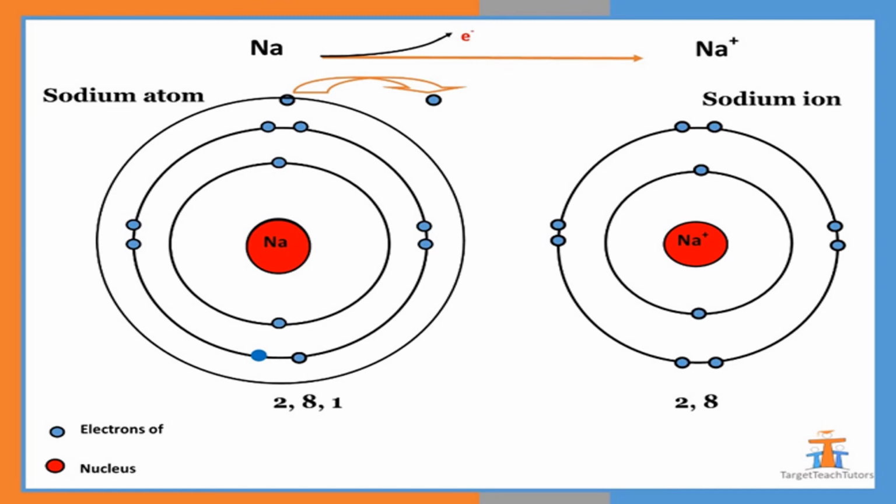The first shell contains 2 electrons, the second shell contains 8 electrons, but the third shell contains only 1 electron. Instead of getting 7 more electrons to complete the outer shell, sodium loses 1 electron and becomes a sodium ion. Now sodium has 10 electrons. As it has lost 1 negatively charged particle, the sodium ion has a 1 plus charge.